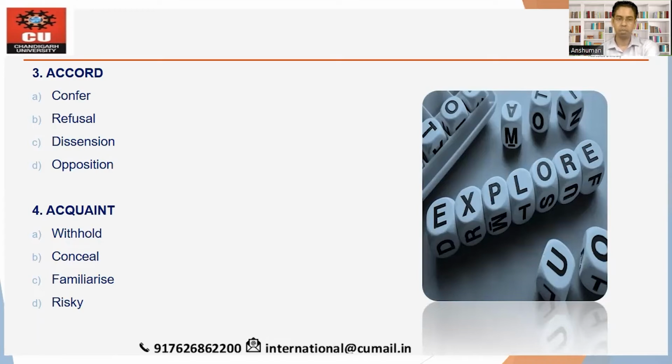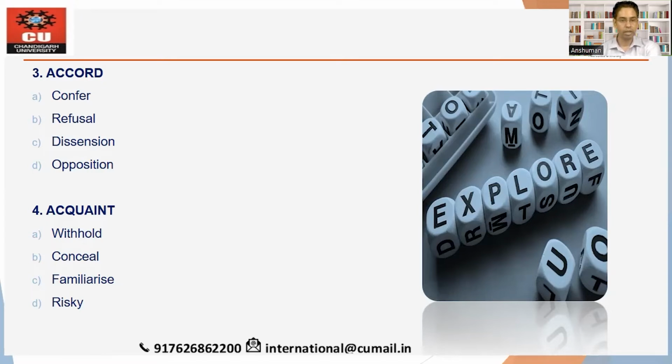Okay. Option B, which is refusal, has nothing to do with the first word. Dissension and opposition are also the opposite of accord. Hence, the correct answer of question number 3 is A, which is confer. So the answer of question number 3, accord, is confer.